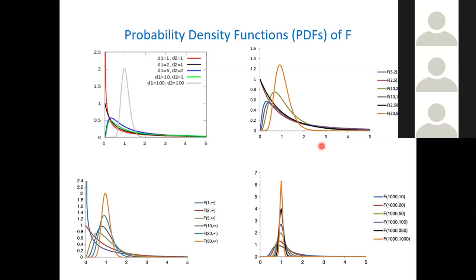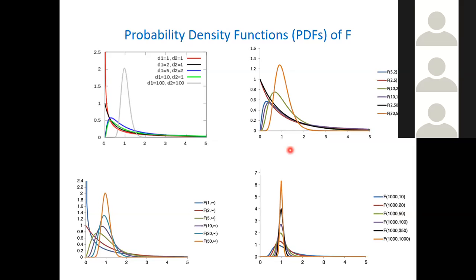There are some things you want to know about F. It is a family of distributions, just like the T distribution and chi-square distribution. You know why they are a family? You don't have only one distribution, because you have a different distribution for different degrees of freedom.